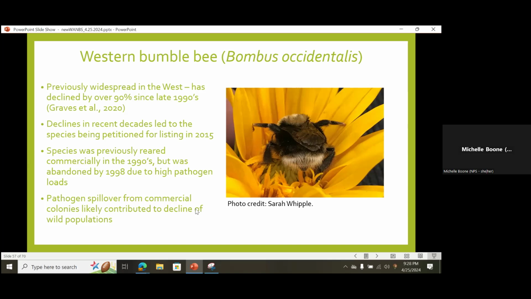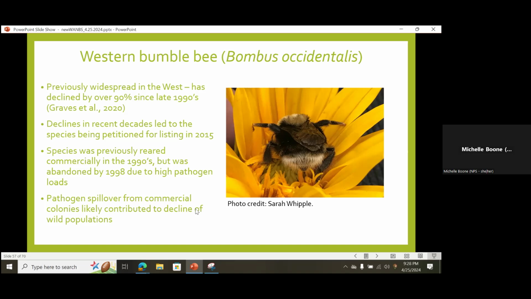However, in conjunction with these higher pathogen loads in the commercial bees, there was also a decline in the wild bees. It's widely believed that pathogen spillover from the commercially reared bees probably got into the wild populations and contributed to the decline, among other things, right?